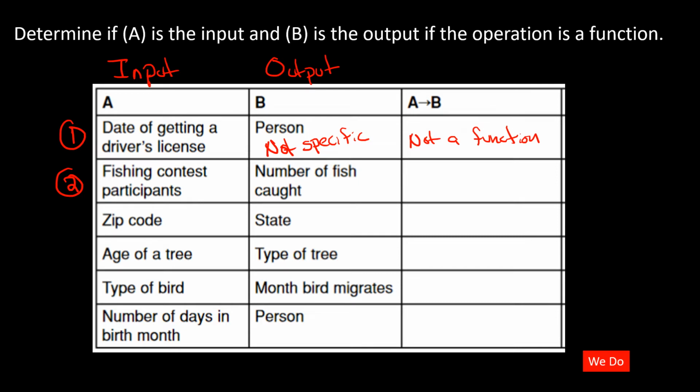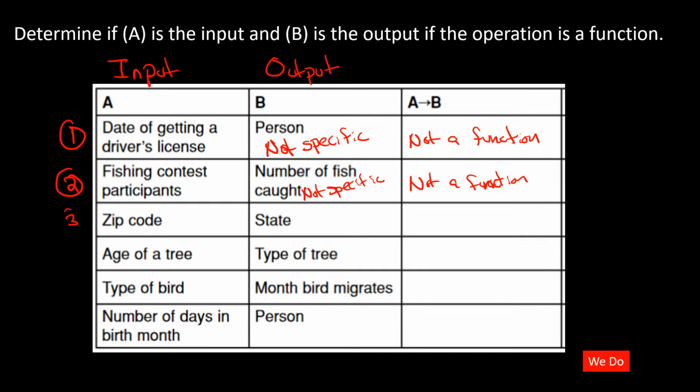Well, this is a little bit more specific, but I would say it's still not specific. We just know the participants, but we don't know how many they caught. If they said number of fish caught per participant, well then we could know all the number of fish caught in the tournament. So this would be not a function. Okay, make sure I spell function correct there.